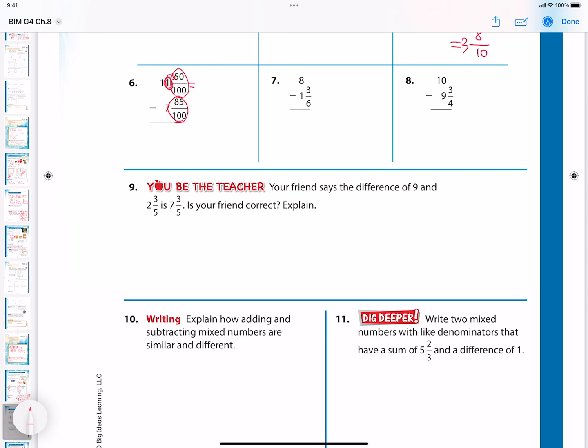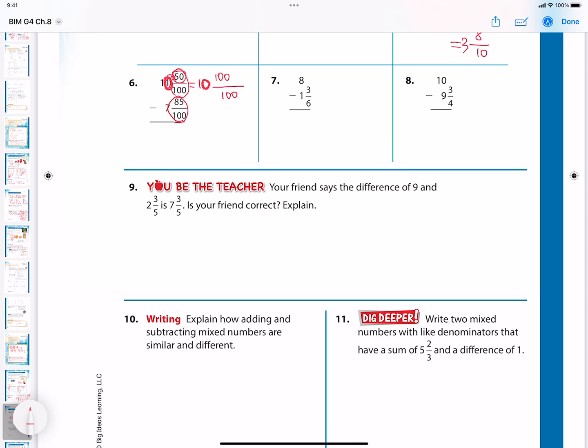So this becomes 10, because you are giving out one whole pie, okay? And 100 over 100 is one whole pie. It doesn't matter how big the piece is, but the number of slices matters, okay? So 100 over 100 is one whole. That's what we got from 11, and it becomes 10 whole pies.